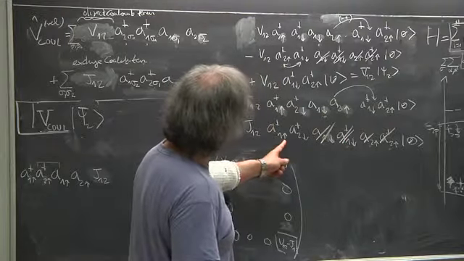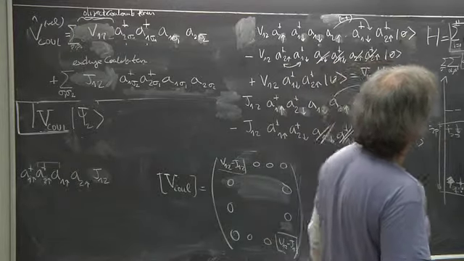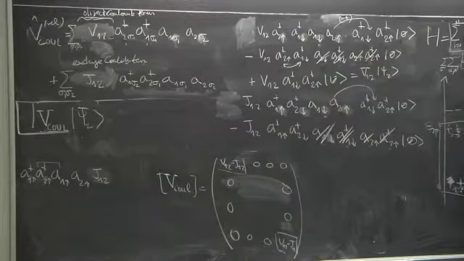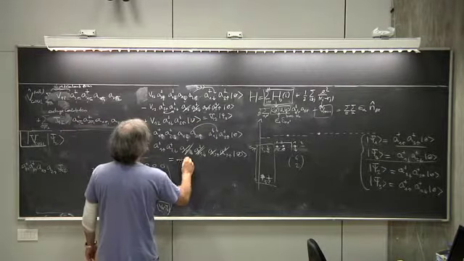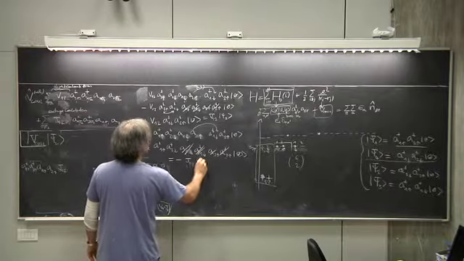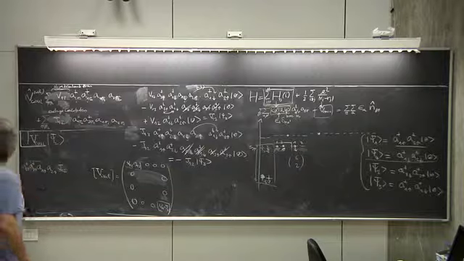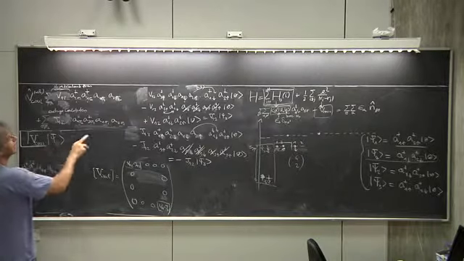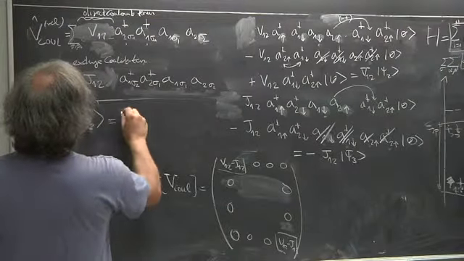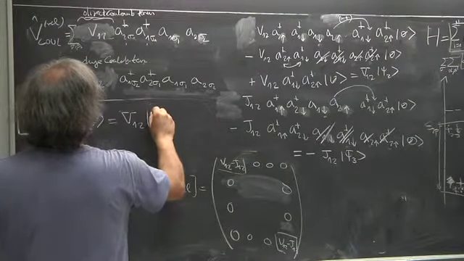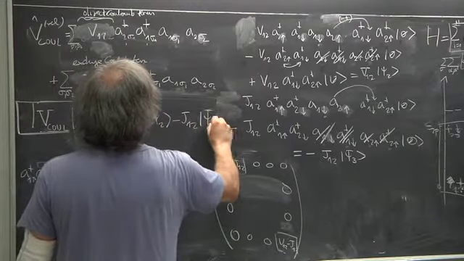The remaining thing is, however, not psi2, but is psi3. So this thing is really equal to minus J12 psi3. So I have written that psi Coulomb applied to psi2 is equal to V12 psi2 minus J12 psi3.